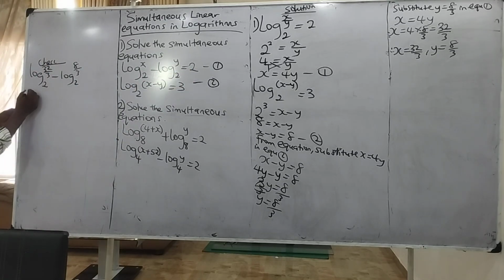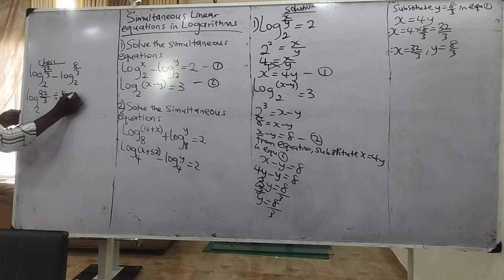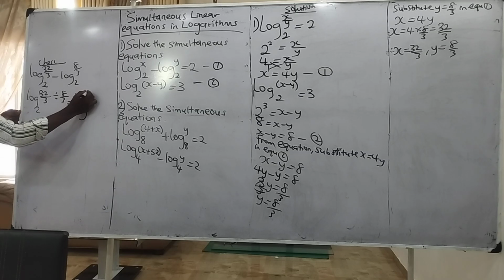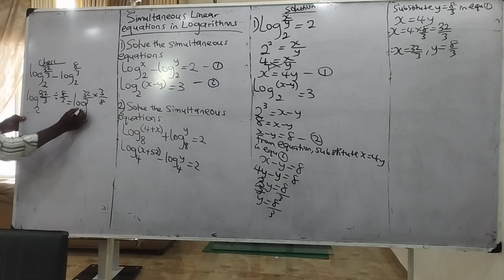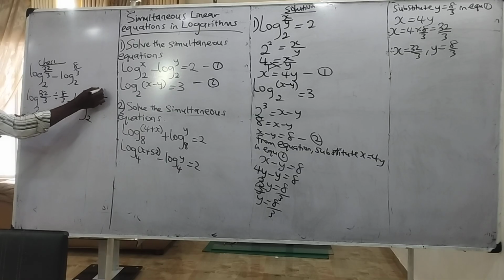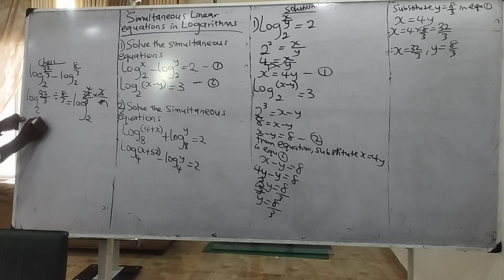Let's solve. So we have log, applying the law, in base 2. When you are subtracting, you are dividing. So we have 32 over 3 divided by 8 over 3, which is 32 over 3 times, you interchange, 3 over 8, in base 2. 3 will cancel 3. 8 here is 1. 8 here is 4. So we are left with log 4 in base 2.